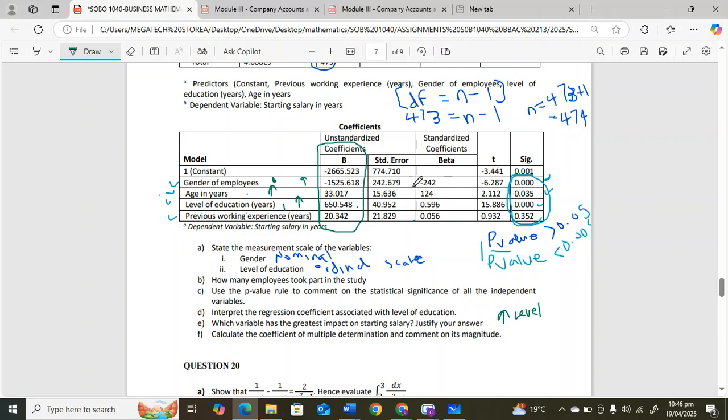So for now, we can say both, because their p values are the lowest compared to the others. So gender of employees and level of education have got the greatest impact on salary, due to their p values.